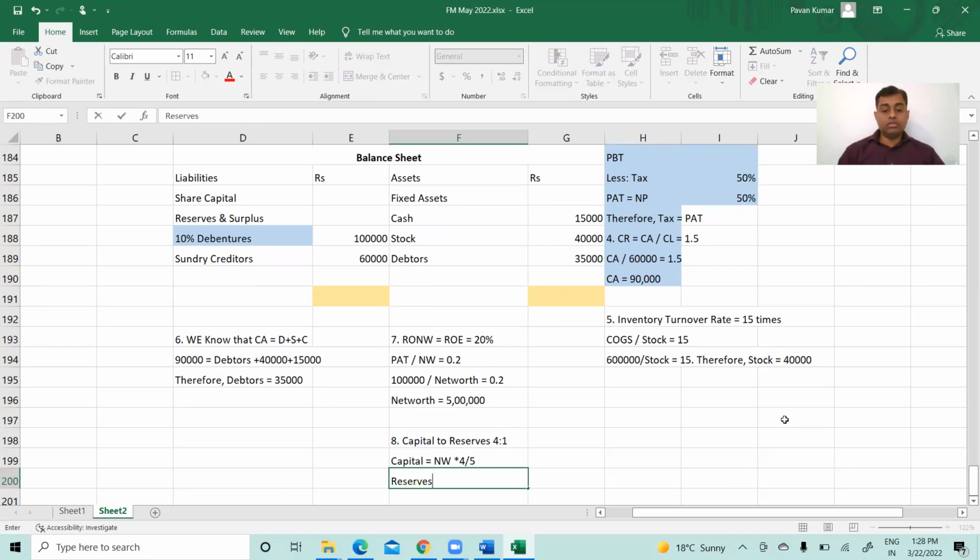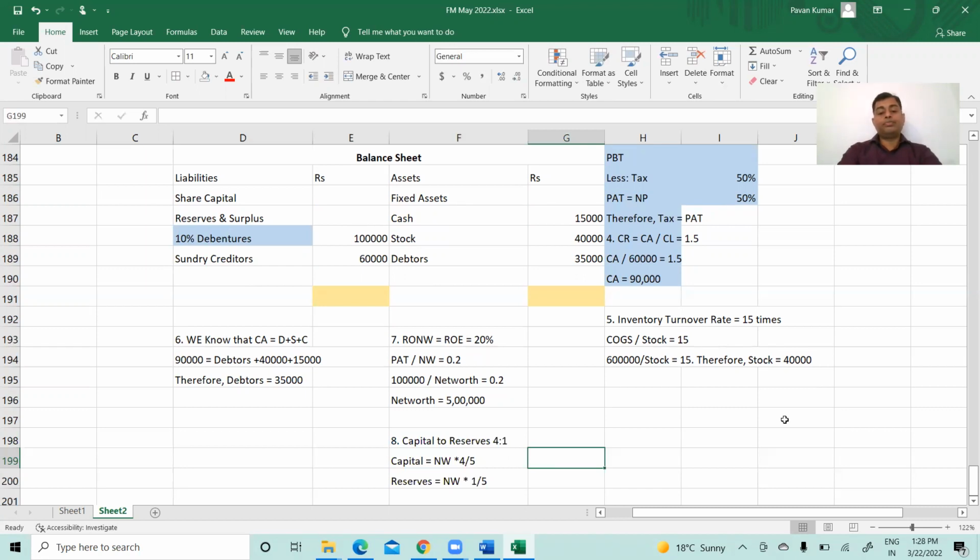Reserves is equal to net worth into 1/5. Is it so? Capital reserves 4:1. So total net worth is 4 plus 1, 5. So capital will be 4/5 of net worth. Reserves will be 1/5 of net worth. Now you calculate and tell me total net worth 5. Distribute this in 4:1 ratio.